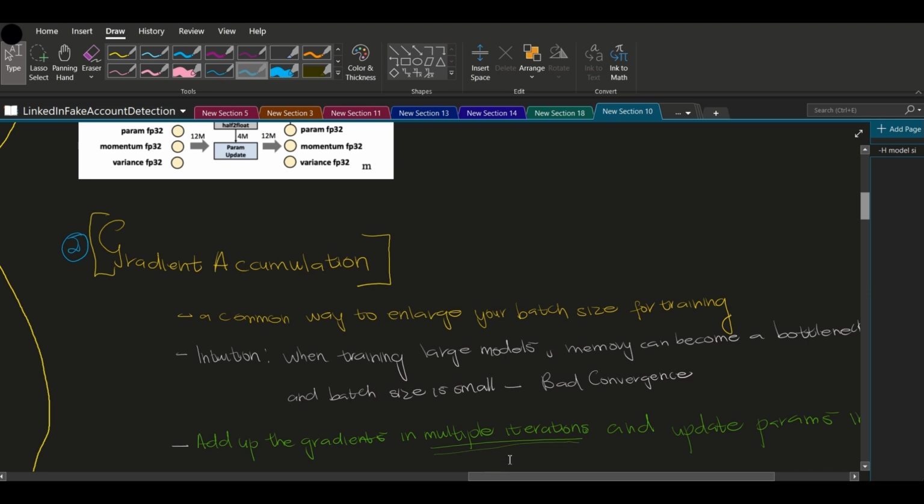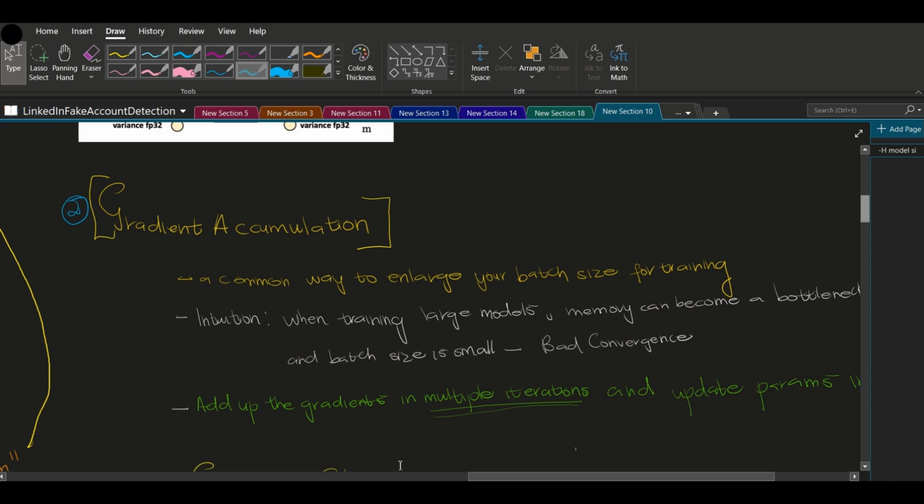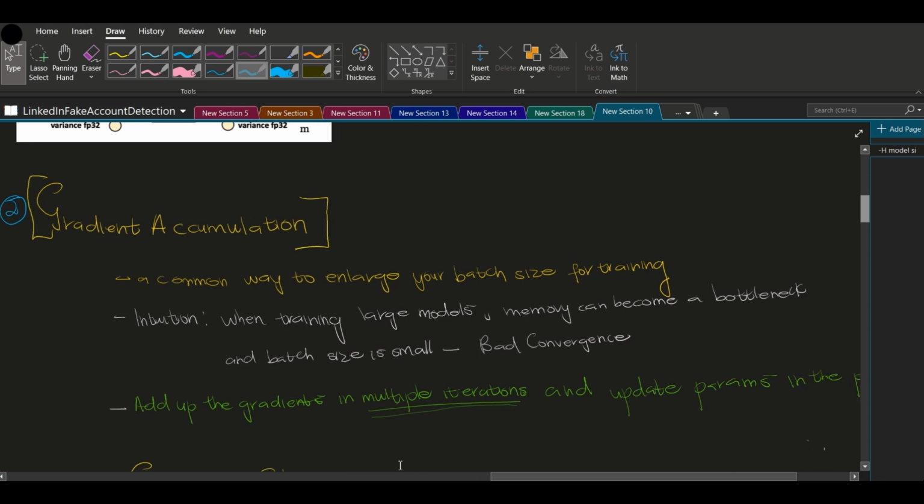The idea behind gradient accumulation is why not add up the gradients over multiple iterations and update the params at an interval stage. This interval is something that we set: after this many iterations we update the weights. This way we solve the problem of facing a memory bottleneck due to reducing the model size.